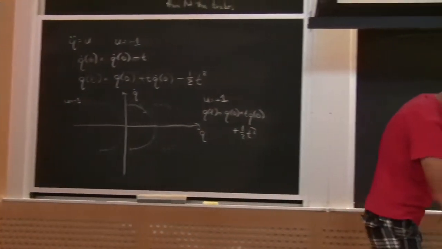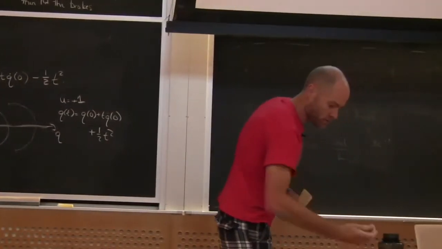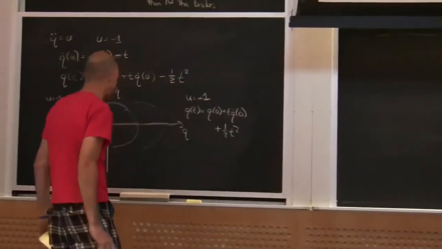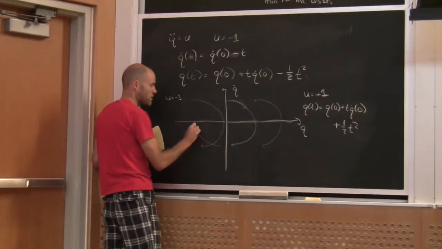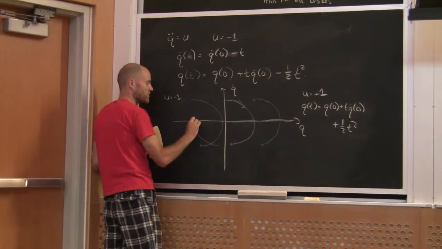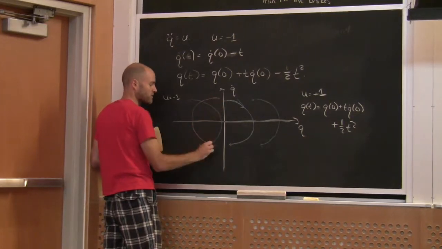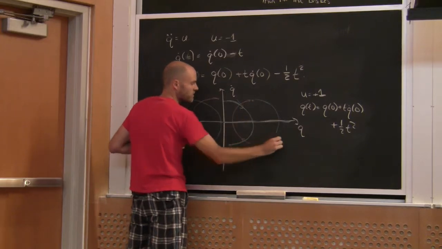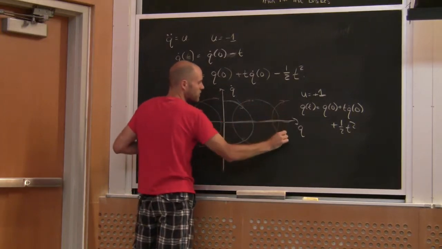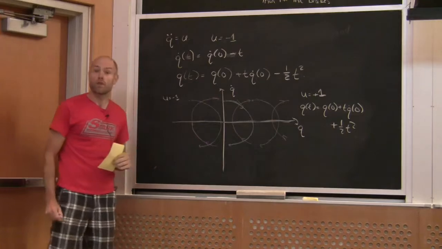And as I'm sure you've figured out, we'll do the same thing but in the opposite direction. We'll be slowing down to a stop, and then we'll start accelerating in the other direction. So these are the curves of the bang-bang control for the double integrator.